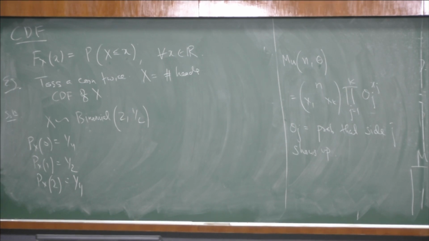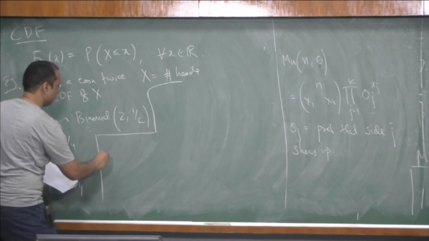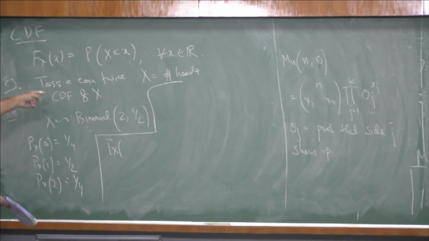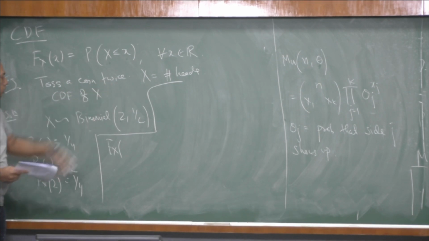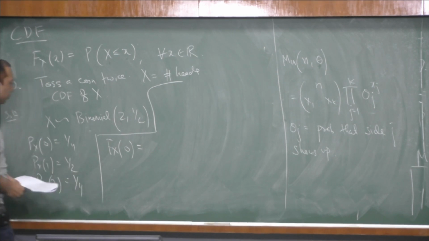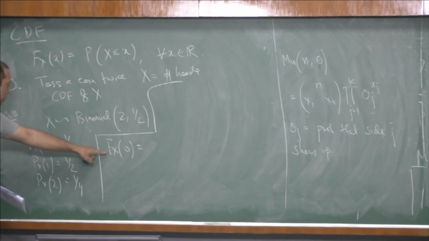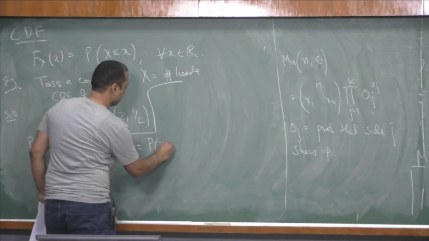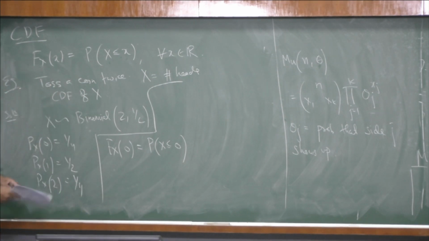Now if I have to write the CDF function, F_X(x), the possible x values come from the range: 0, 1, 2, since the coin is tossed twice. For 0, I need to produce the sum of the probabilities, so this boils down to the probability that X is less than or equal to 0. Since 0 is included, 1/4 will be there.